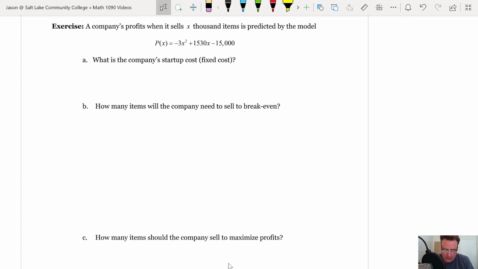So we're talking about profits here, and x is in thousands of items. And what else do we know? The lead coefficient of our quadratic function is negative, it's -3. So the graph of this function will be a parabola that opens downwards.